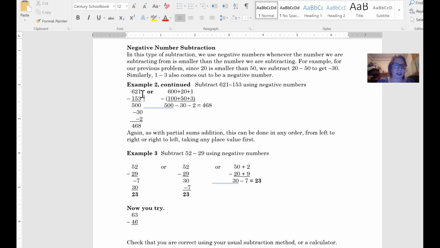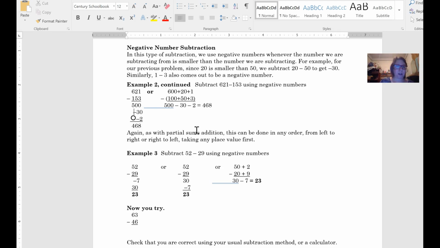So here I've got 621 minus 153, and I do the usual: 600 minus 100 is 500, no problem. But then, and you can see it over here a little bit better, I have 20 minus 50. 20 minus 50 is actually a negative number, so I get negative 30.